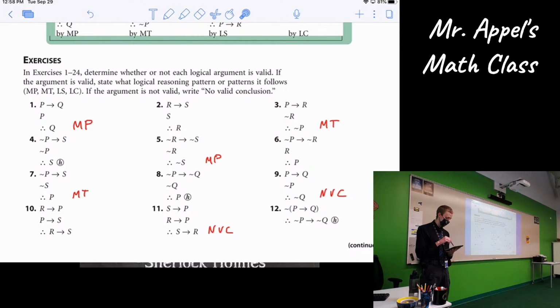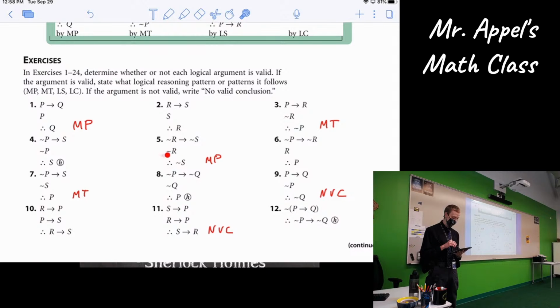So exercise number 1, if P then Q, P, therefore Q, that's straight modus ponens. Even use the classic letters. Number 3, if P then R, not R, therefore not P, that's classic modus tollens right there.